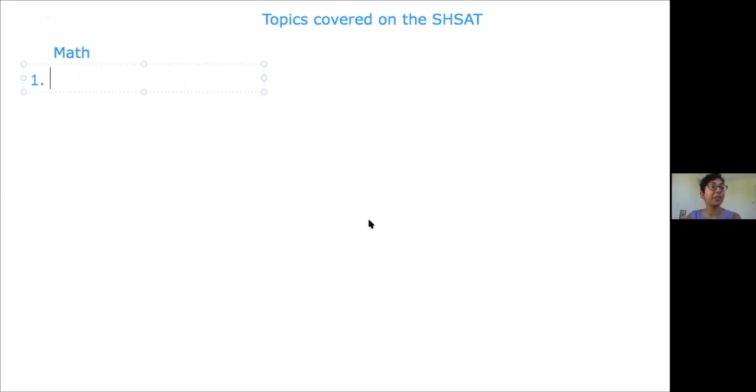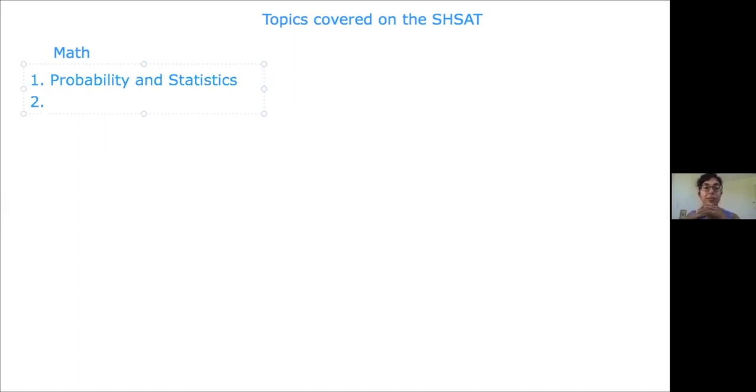It's very rare that you see a Venn diagram on the test, but if you did, sometimes it can be useful to make a Venn diagram yourself to answer certain questions. And that would come under statistics, which is often lumped in with probability on the test. So probability and statistics, you're absolutely right. That is one of the topics under math.